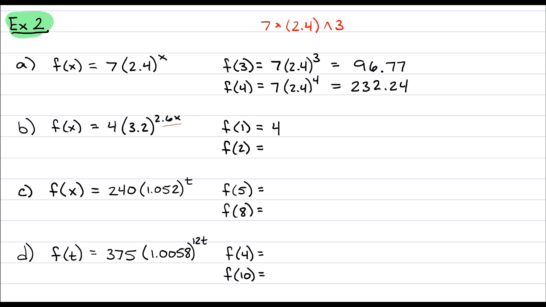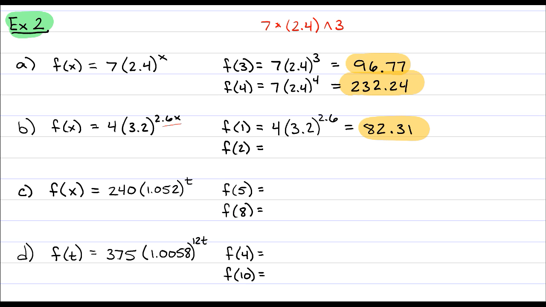So here I just get 4 times 3.2 raised to the 2.6. So if I plug that into the calculator, this is going to give me 82.309, rounding to 2 decimal places, that's 82.31.